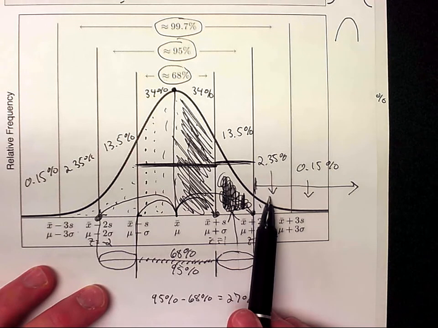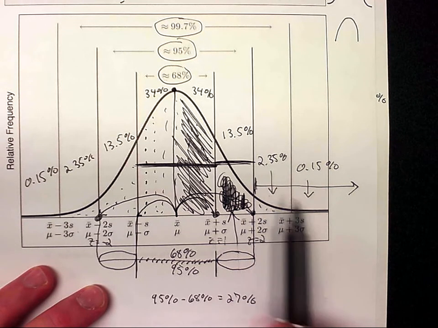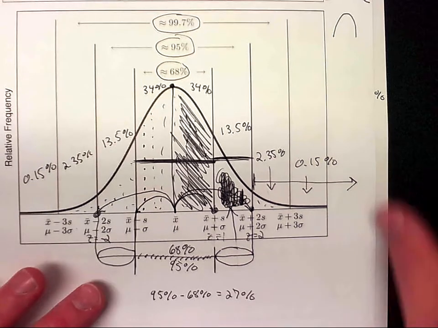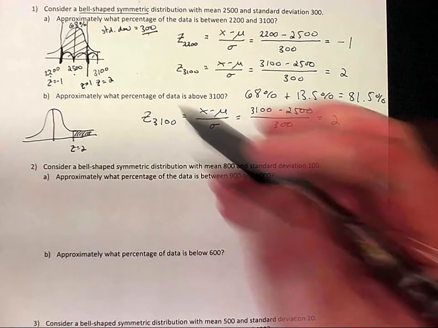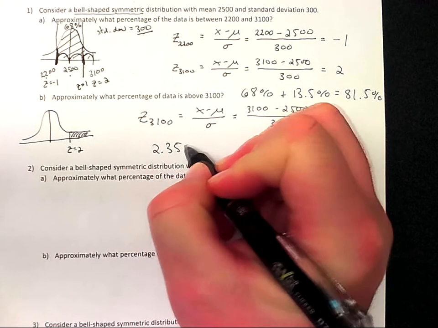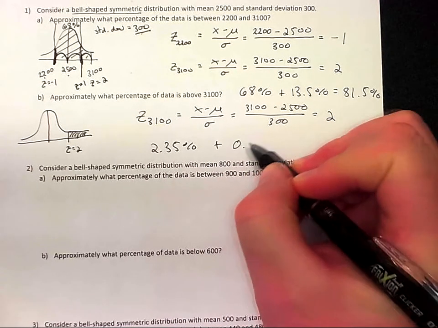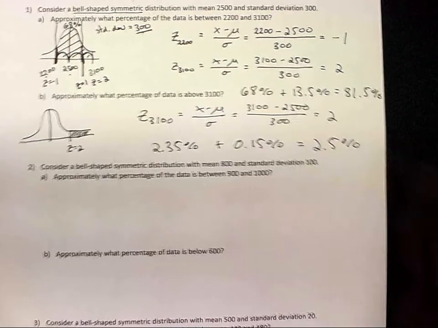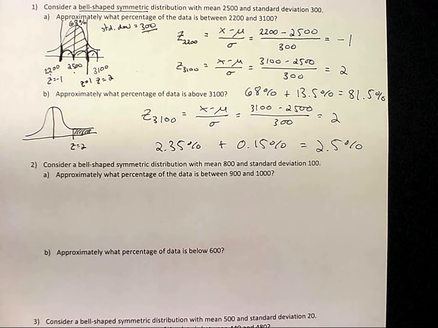And as we previously said, here we had 2.35% of our distribution, and from here up we have 0.15% of our distribution. So as you then correctly said, we're going to have 2.35% plus 0.15%, which is equal to 2.5% of a distribution from there on up.